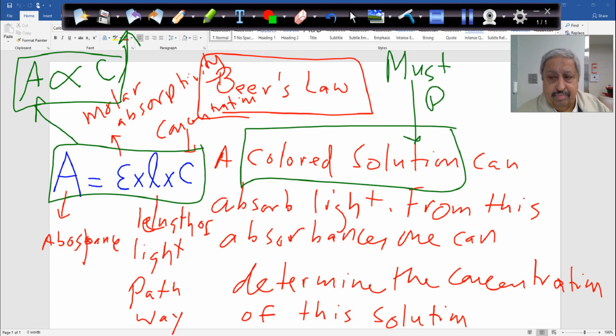You have to have a color solution, and this color solution will absorb light, and this absorbance is always directly proportional to its concentration.